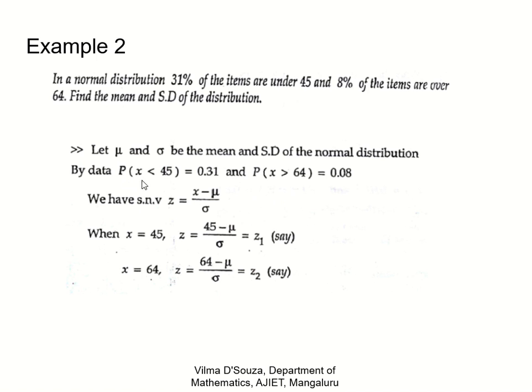Now, P of x less than 45 is 0.31. That means P of z less than z1. When x is 45, z will be 45 minus mu by sigma. P of z less than z1 is 0.31 and P of z greater than z2 is 0.08.